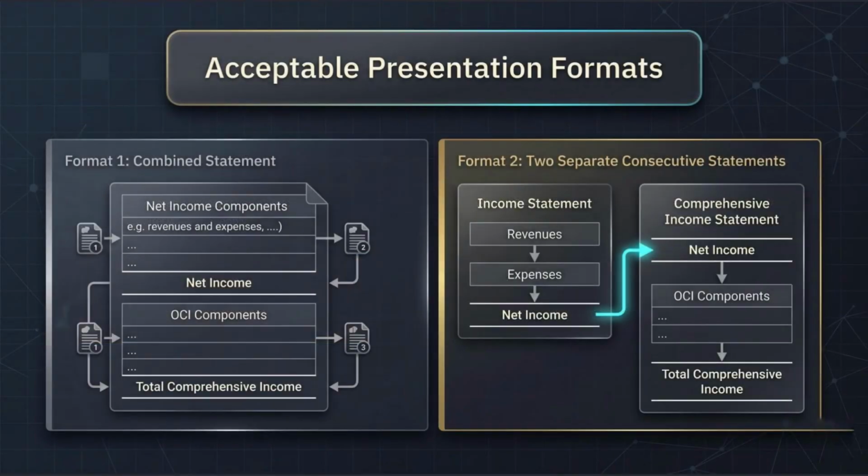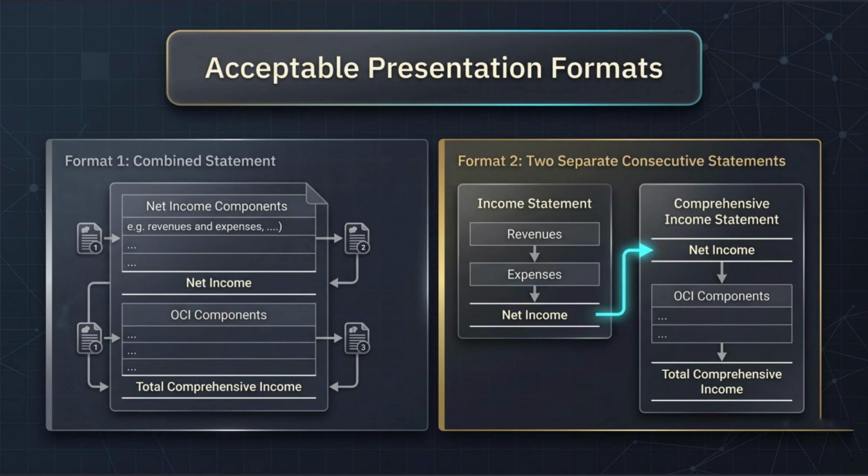A strong answer would identify two acceptable formats. First, a combined statement presents net income components first, reaches net income, then continues into OCI components and ends with total comprehensive income. Second, two separate but consecutive statements may be used.